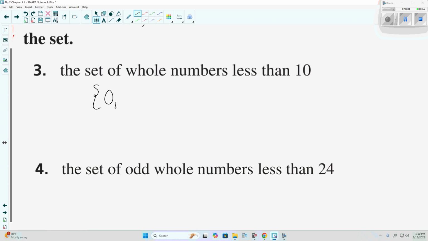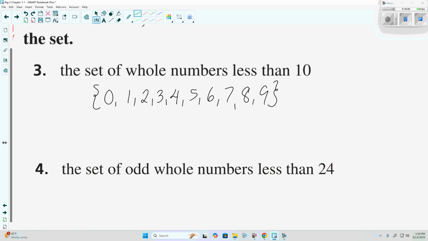Whole numbers add 0, so we have 0, and then 1, 2, 3, 4, 5, 6, 7, 8, 9. Just 0 to 9. And especially with the whole numbers, this is nice. This is easy. We can list all of them out. We're good to go.